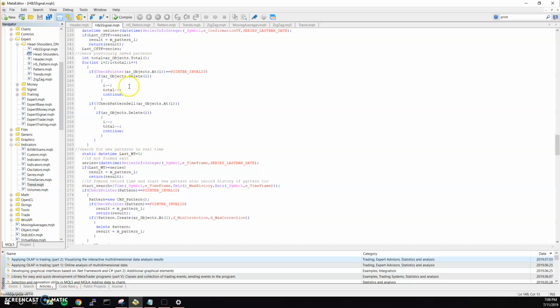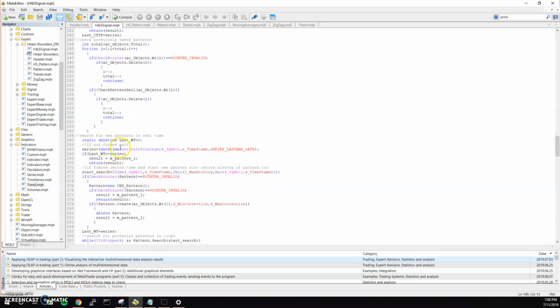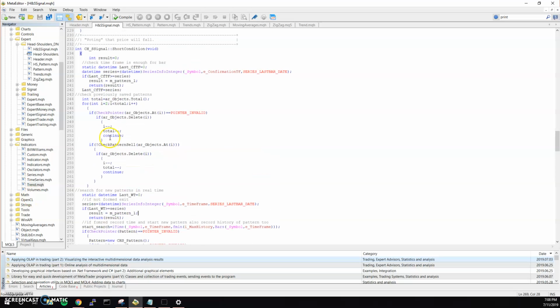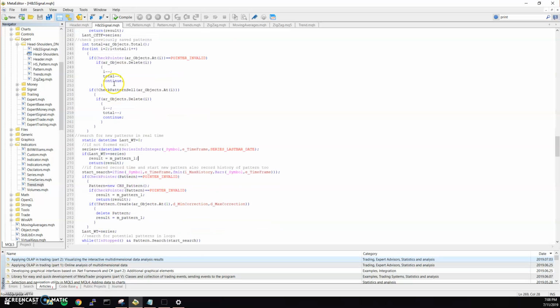If we don't have any previously saved patterns, we look for new patterns. If not enough time has come to form a new pattern, we return a result of the first, saying that the pattern is not successful because one has not formed yet, and then we return out of the function right there. Also, if the time frame is not enough, we also return out.